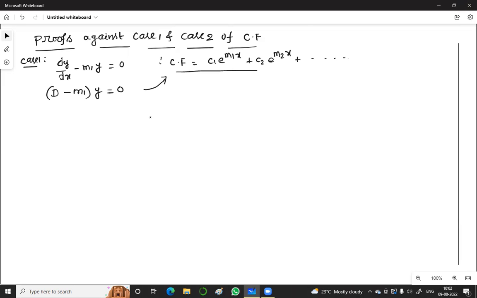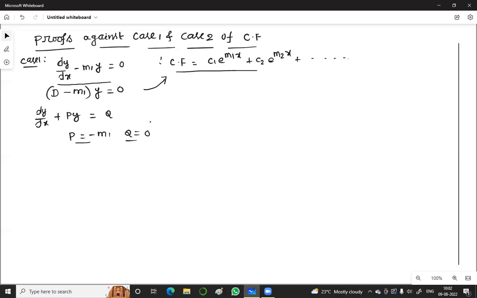If you see this equation, dy by dx minus m1y is equal to 0, it is a linear equation satisfying the Leibniz linear equation, dy by dx plus py is equal to q. Here p is minus m1, q is 0.